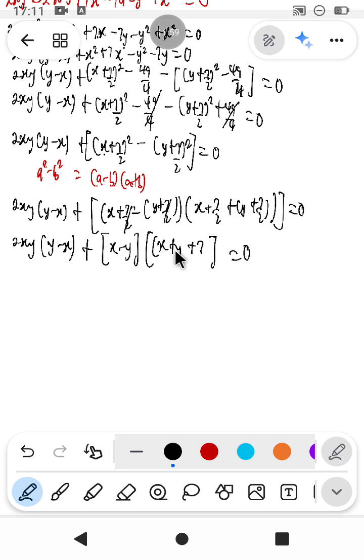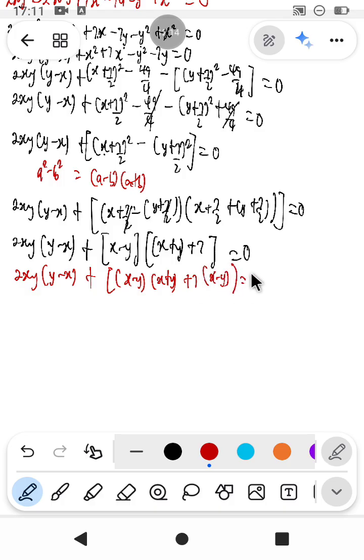So I can put this into bracket, then open the bracket: 2xy into (y minus x) plus (x minus y) multiplied by (x plus y), then plus 7 into (x minus y), everything equal to 0. So we can rewrite this by factoring out negative 1. We have negative 2xy into (x minus y), then plus (x minus y) into (x plus y), then plus 7 into (x minus y) equal to 0.